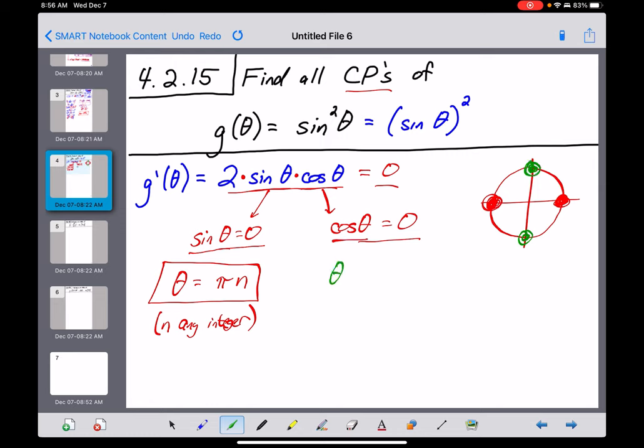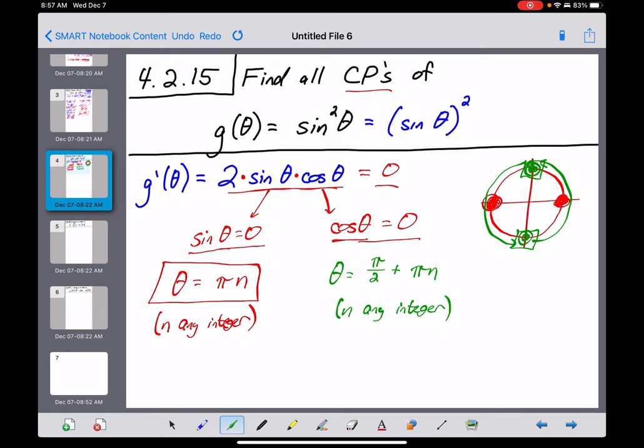That's what happens when theta is equal to, all right, your first one right there was pi over 2. So I'll start with that. And then you add to that integer multiples of pi. Pi over 2 plus 1 pi gets you to 3 pi over 2. Adding 2 pi to that gets you back there. So what we're doing then is we're adding pi times n to that one right there, where again, the understanding that n is any integer.